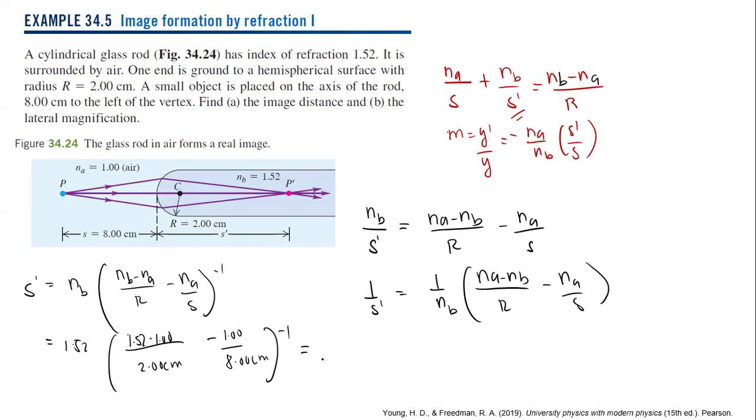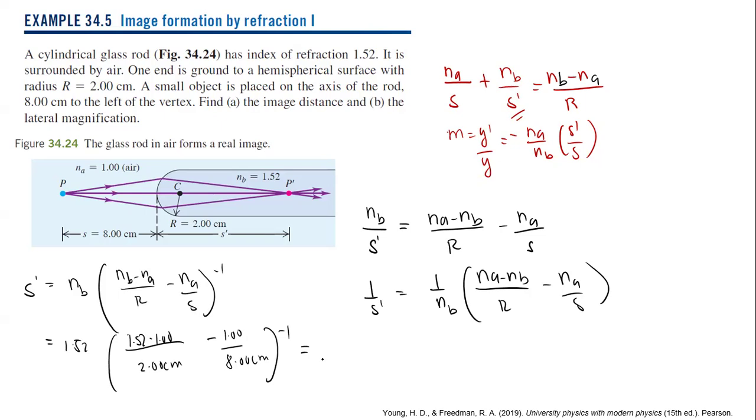Okay, so let's do the calculation for this. Over 2 minus 1 over 8.